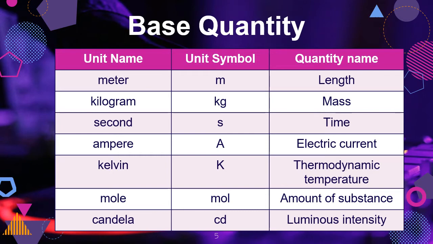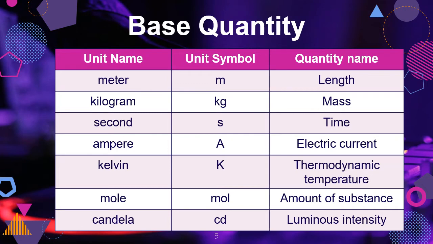The unit symbol of meter is m, and the quantity name is length, because we use meter to measure the length of a given object. Next, kilogram, the unit symbol is kg, and the quantity name is mass. Next, we have second. The unit symbol is s, and the quantity name is time.